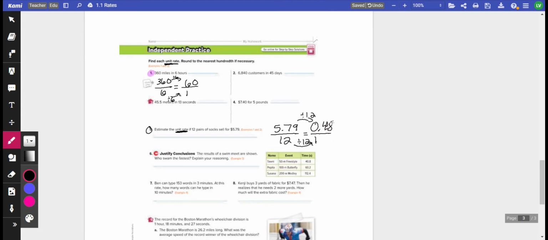Again, I'm rounding to the nearest hundredth, so the second decimal place, because it's going to be an answer of money. So 48 hundredths is approximately 50 hundredths. So this is about 50 cents per pair.